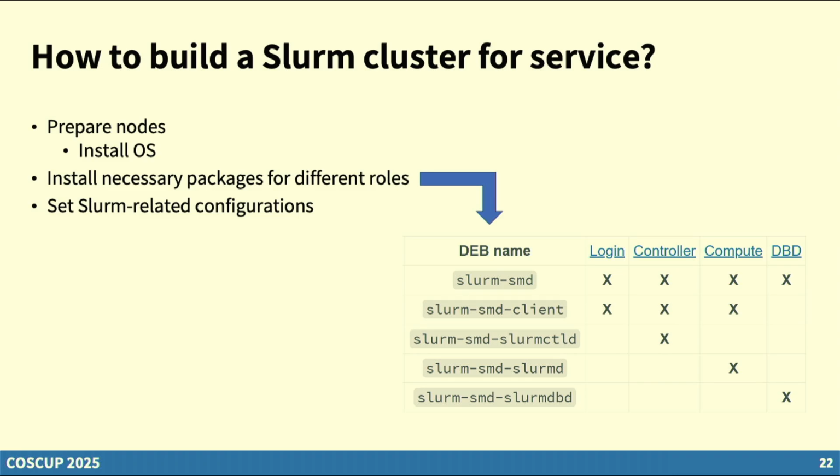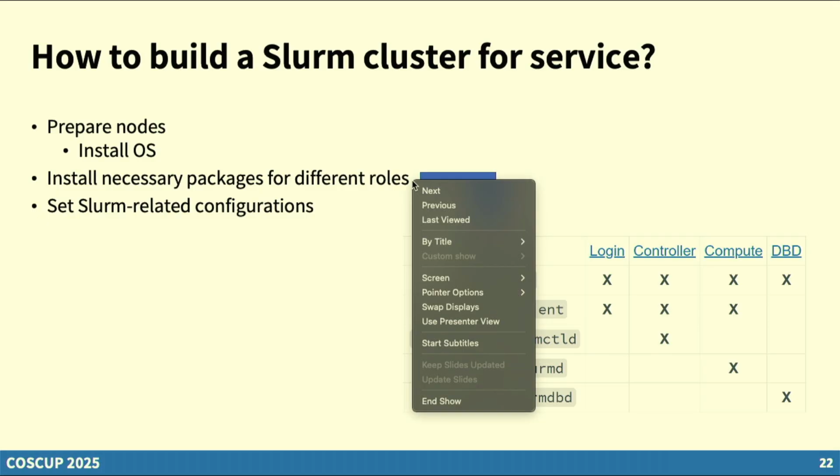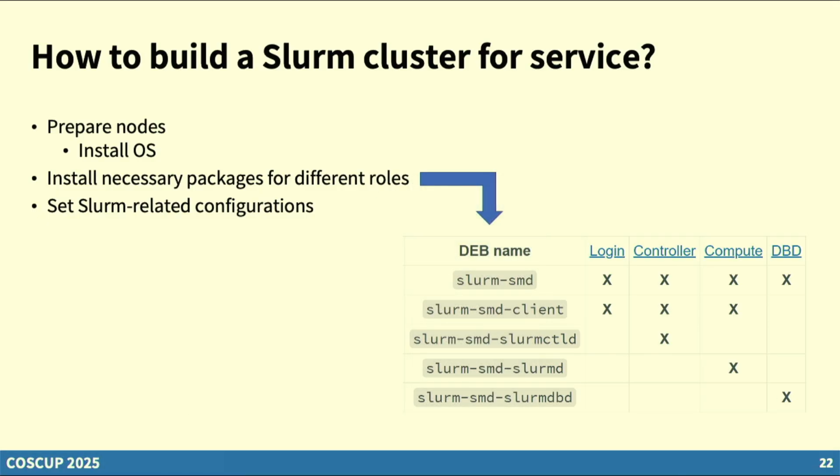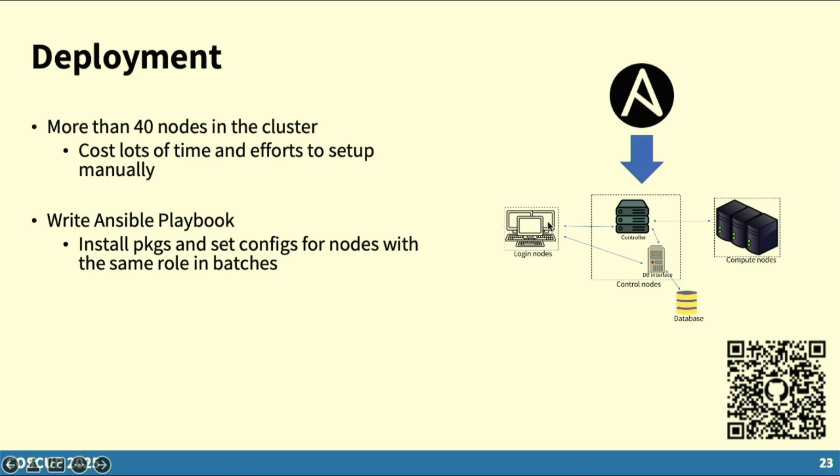Let me take an example: if you want to run a node as a login node, you should install these two packages. After installing, you need to set configuration for them. That's a very simple summary. After doing these things, you should have a great Slurm cluster.